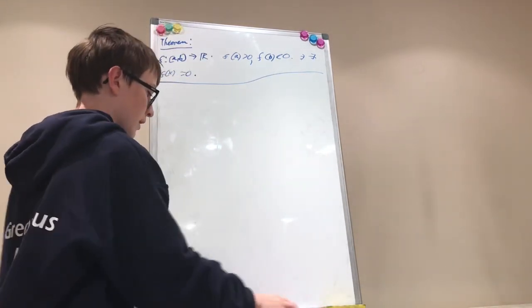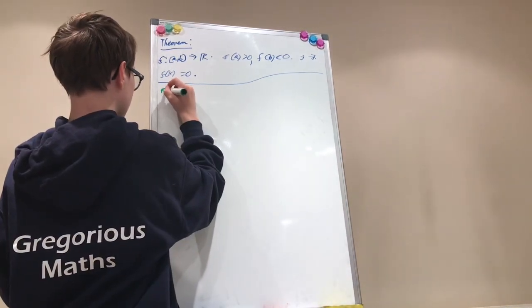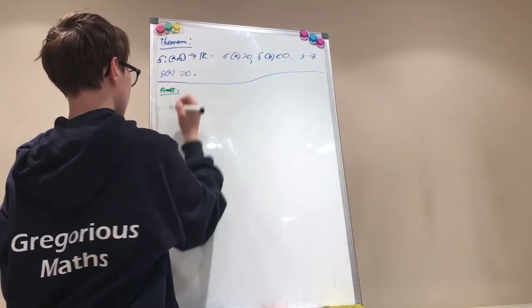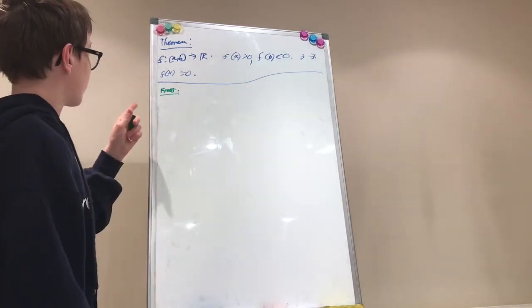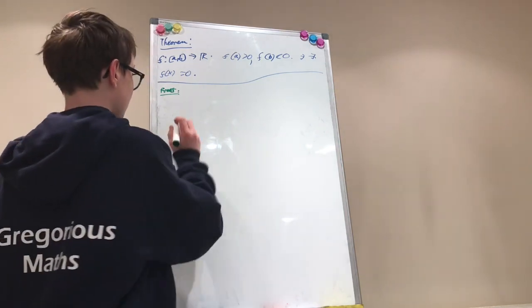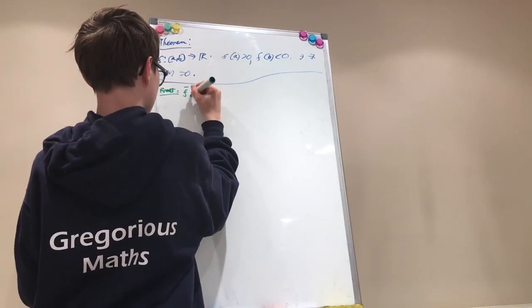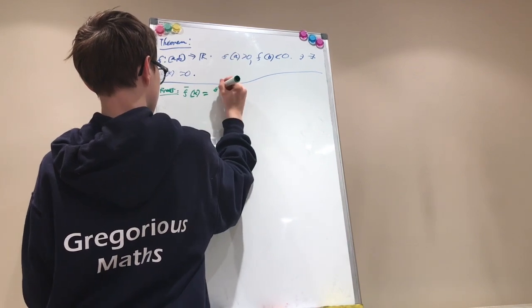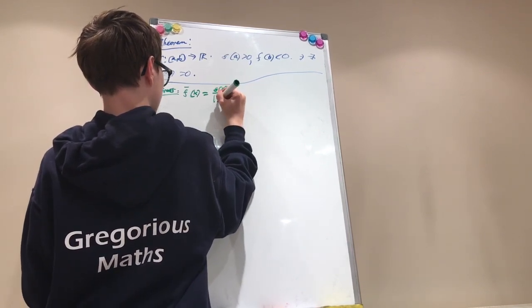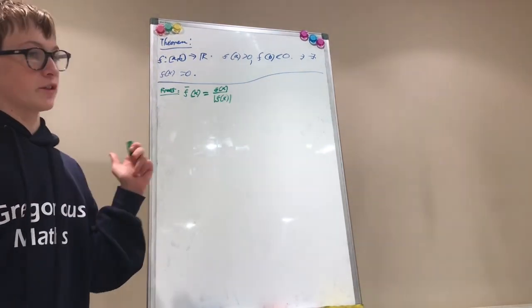Okay? Now how do we proceed to prove it? Well, the proof is as follows. Okay? So, assume that this is not true. Then we can define f bar of x equal to f of x over the absolute value of f of x. Okay? So very similar reasoning to the last proof.